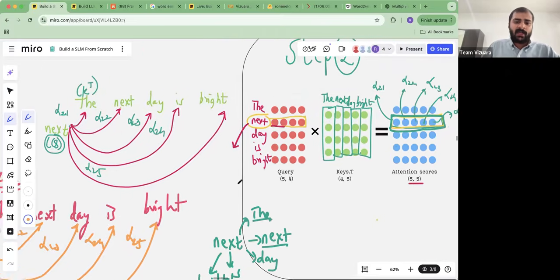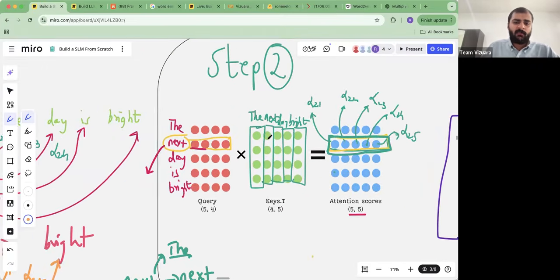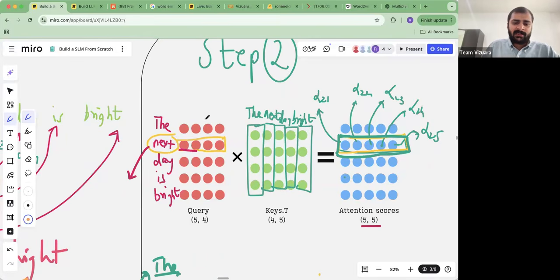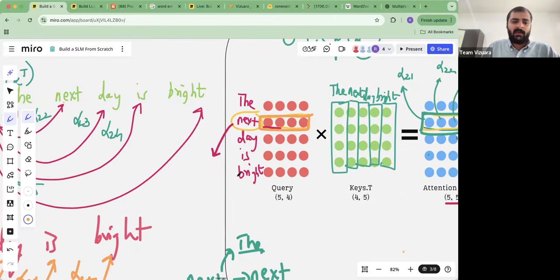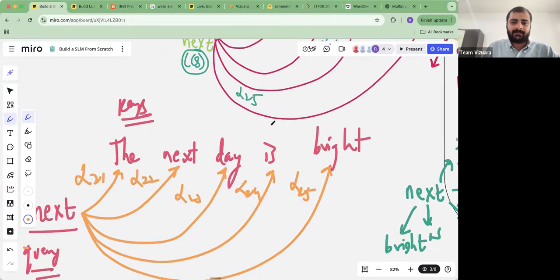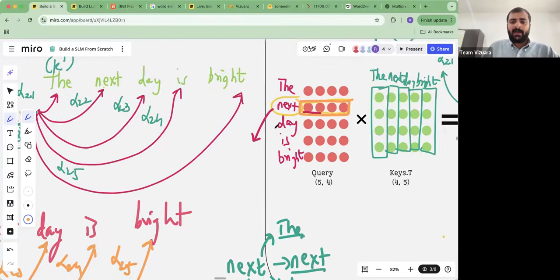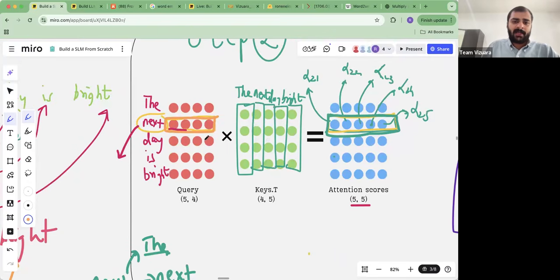And once you have the query matrix and the keys matrix, it's easy to find the attention scores, right? This is the query matrix, which is a 5 by 4 matrix. So I just look at the second row. The second row gives me the query vector for next. And then to get the attention score between next and the, I just multiply this row with the first column of keys transpose.